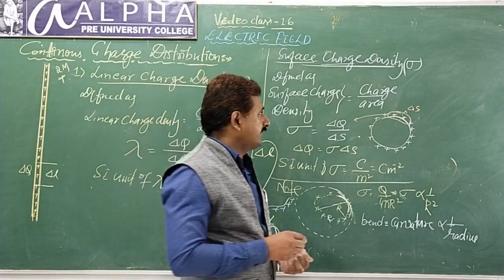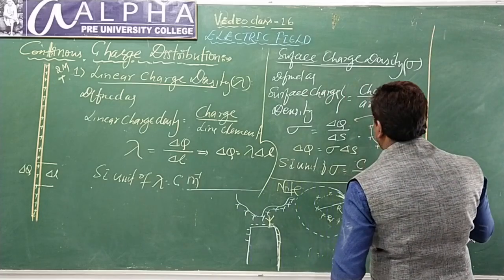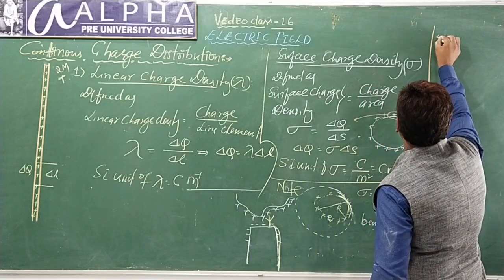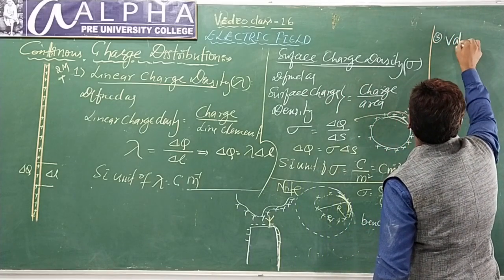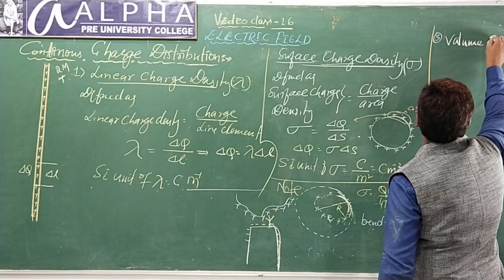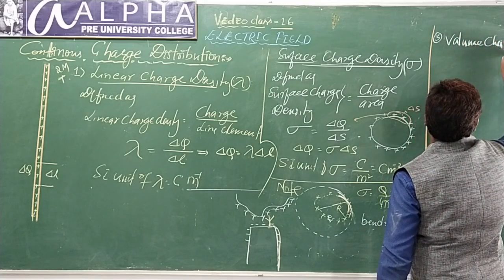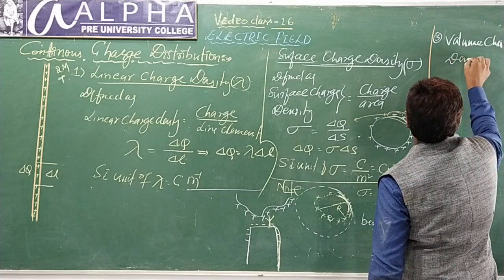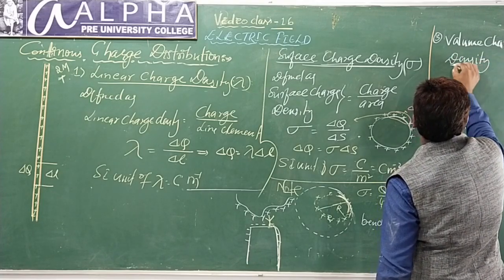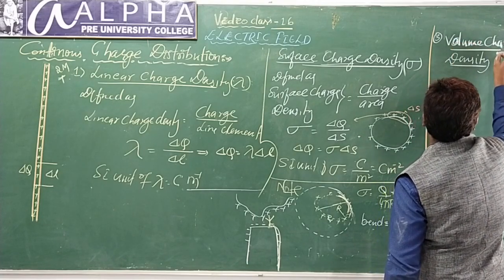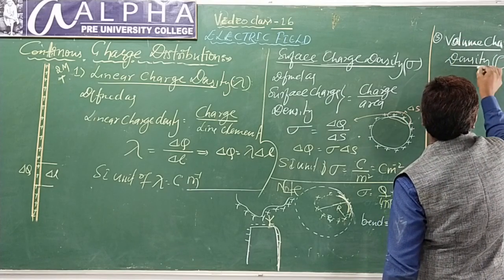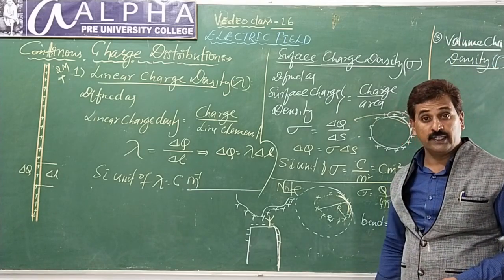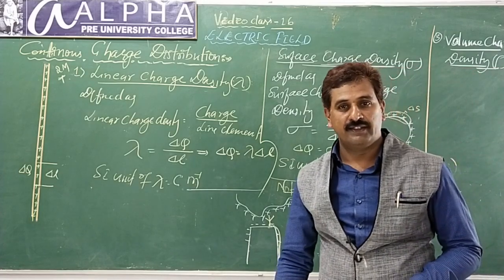The third one is volume charge density. What is that? Can you tell me? Why do you define volume charge density, students? Very simple. The idea is charges are sometimes distributed in a volume, denoted by rho, same symbol as mass density.